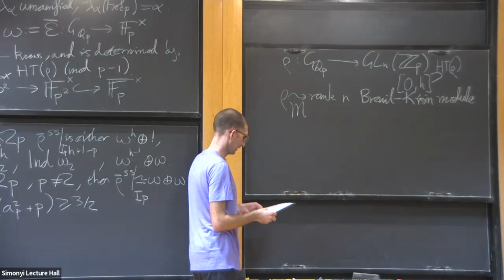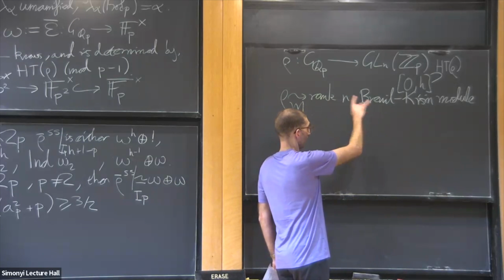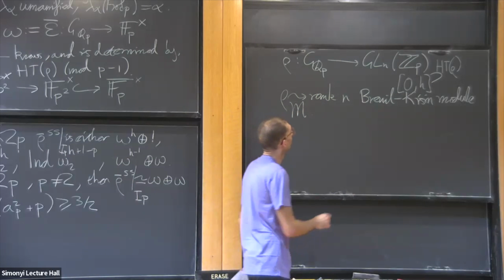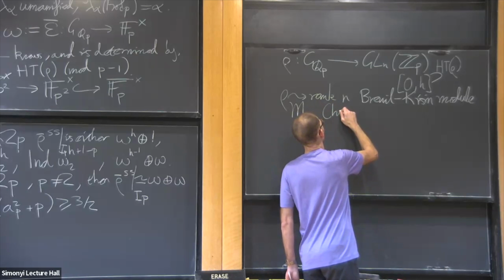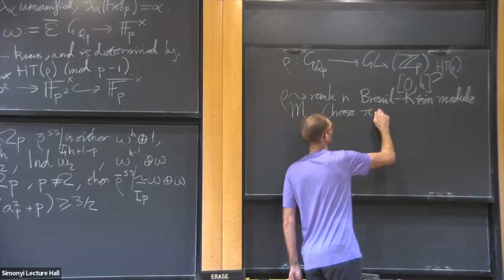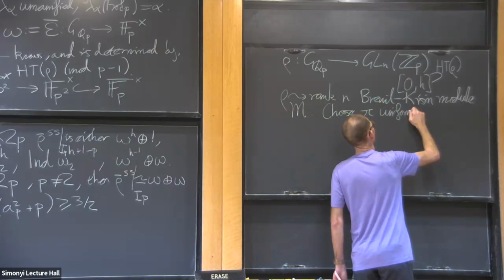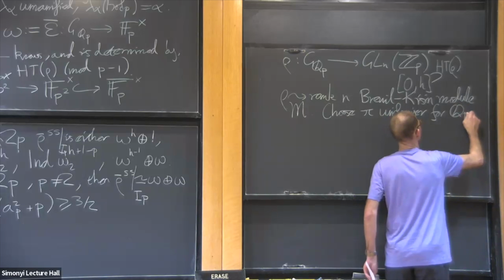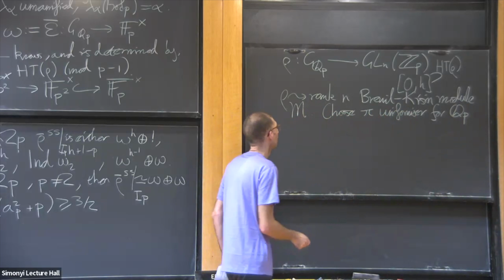But what is this? Well, probably many of you know, but let me just recall the definition. So this assignment depends on a choice. We choose pi, our favorite uniformizer, for Q_p. You have a couple of obvious choices, but let me use that notation.